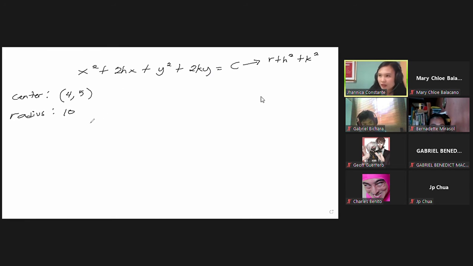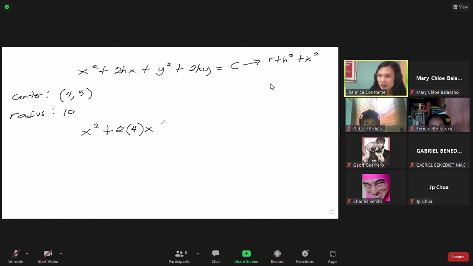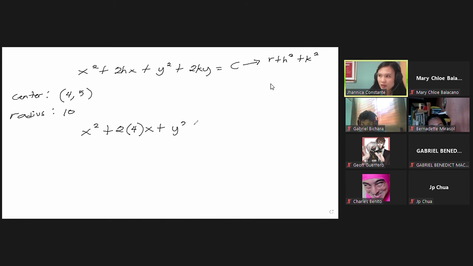So x squared plus 2 times the value of h, which is 4, x plus y squared plus 2 times k, which is 5, times y equals 10 plus 4 squared plus 5 squared.